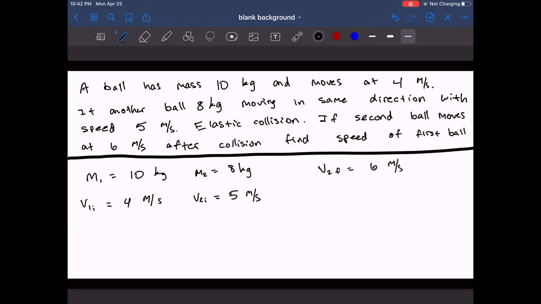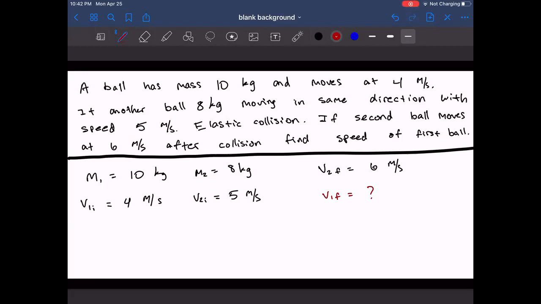Yes. And then you don't have V1F. Right? V1F. Great. And that's what they want us to find.